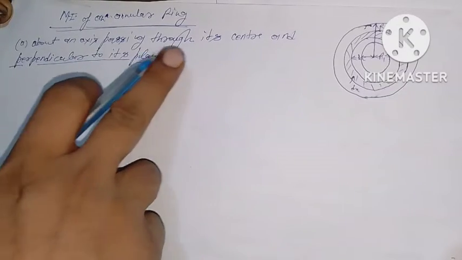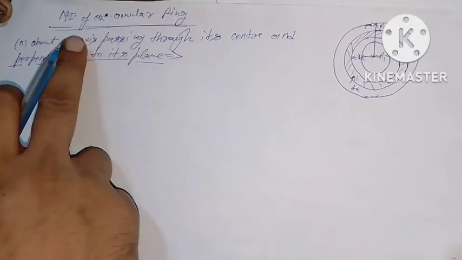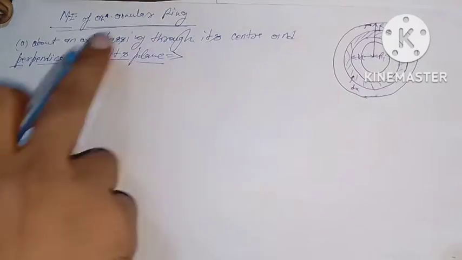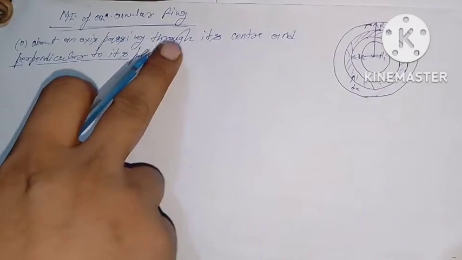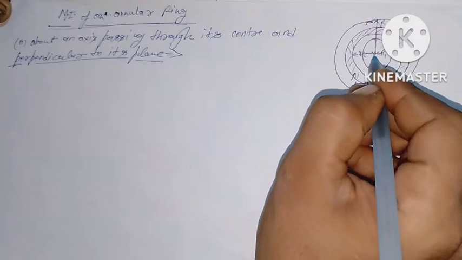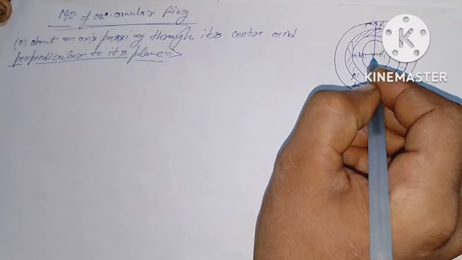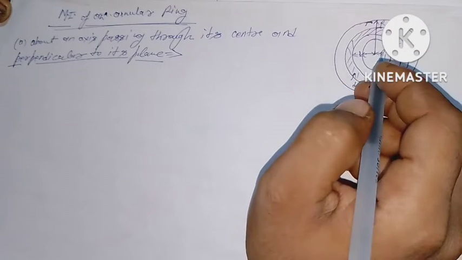The moment of inertia of an annular ring about an axis passing through its center and perpendicular to its plane.